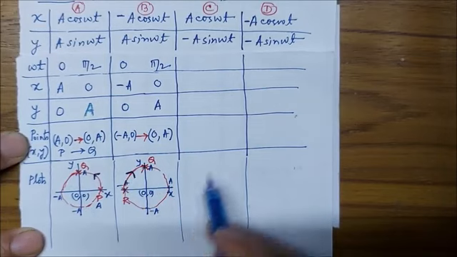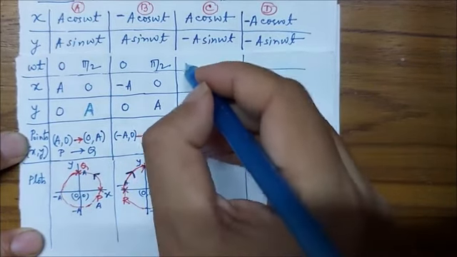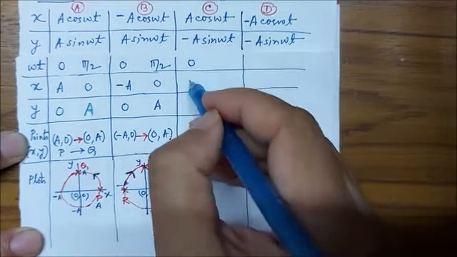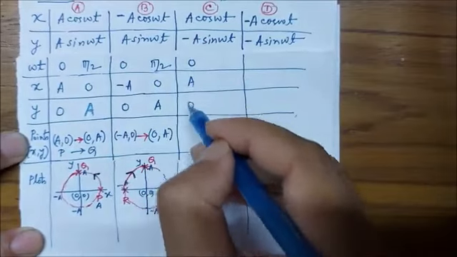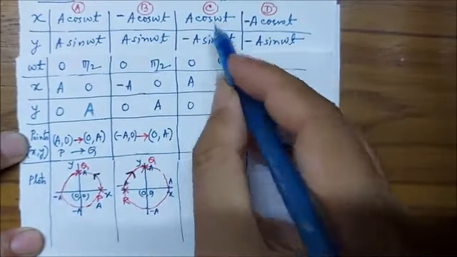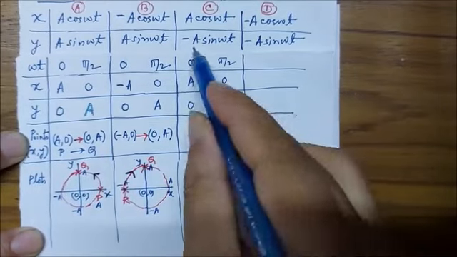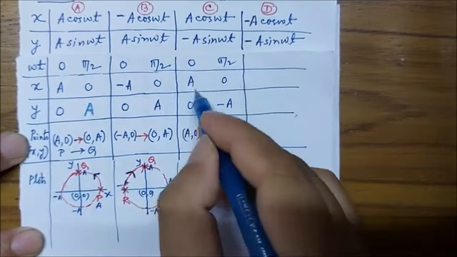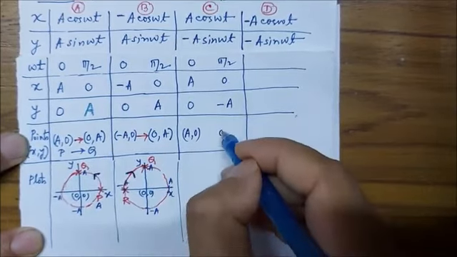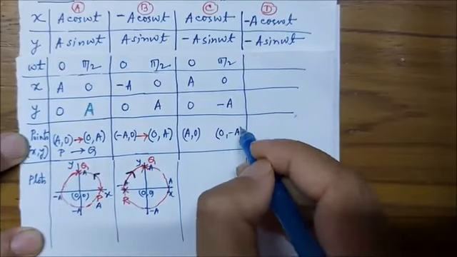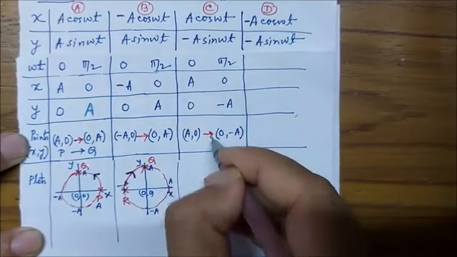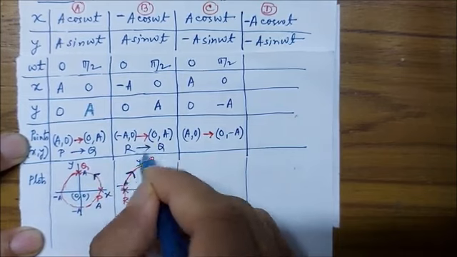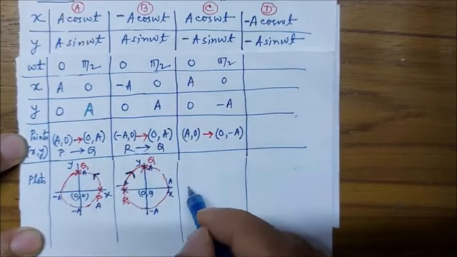We now move on to the third problem, 2c, in which for omega t is 0, x is a and y is 0, and for omega t equal to pi by 2, cos pi by 2 is 0 and y is minus a, which means now we are moving from (a, 0) to (0, minus a), which is different from the previous one where we moved from R to Q. Now let us check how we move in this case.